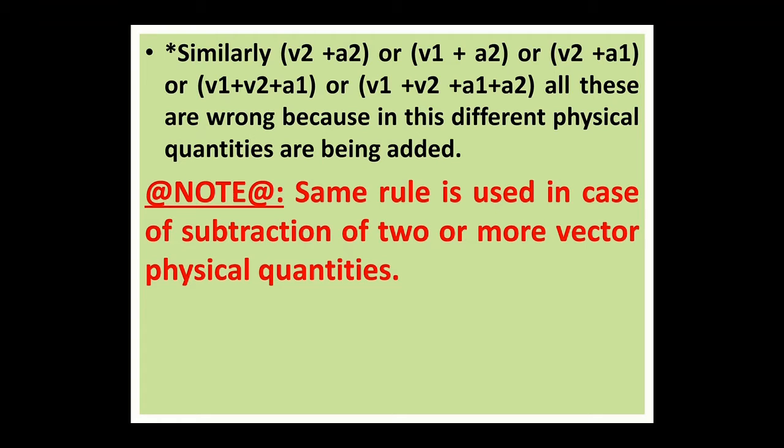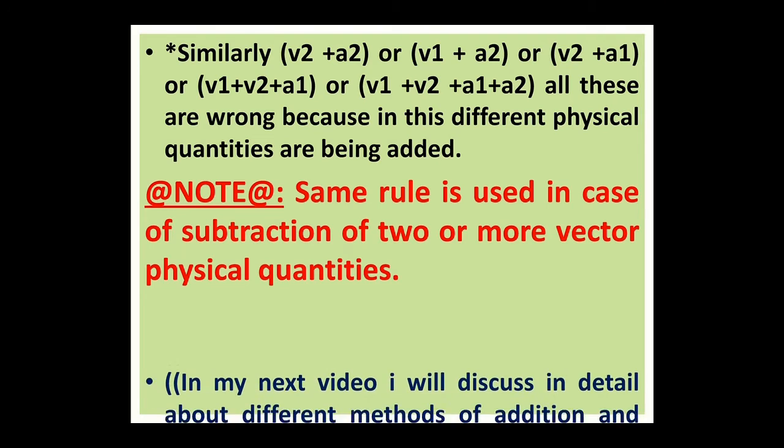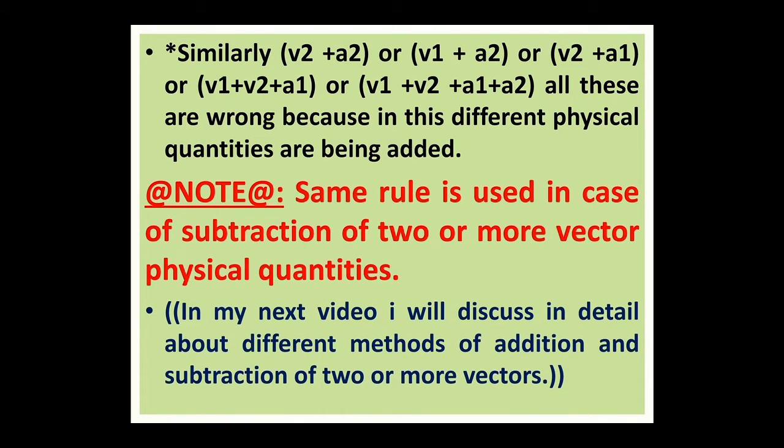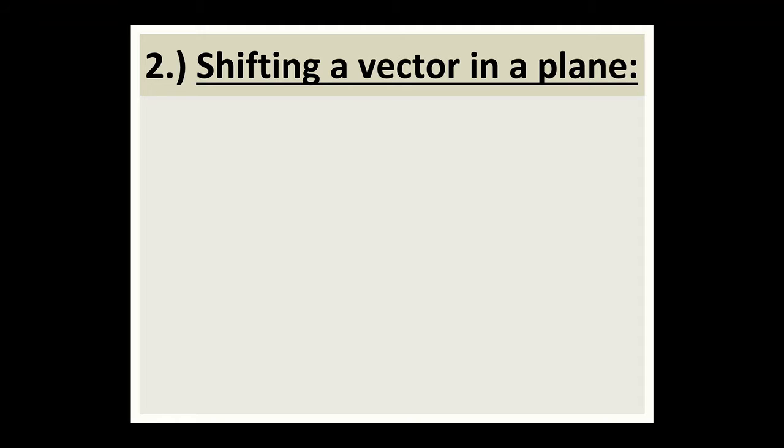Note that the same rule is used in the case of subtraction of two or more vectors, as we have seen in the case of addition of vectors. Let us now move towards our next operation. Before moving on, keep in mind that in my next video I will discuss in detail different methods of addition and subtraction of two or more vectors.